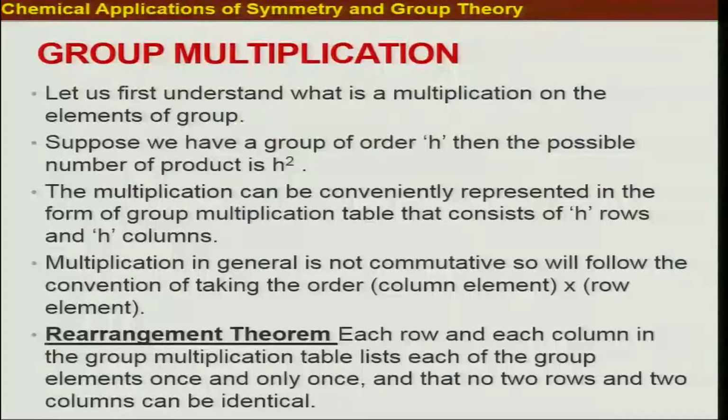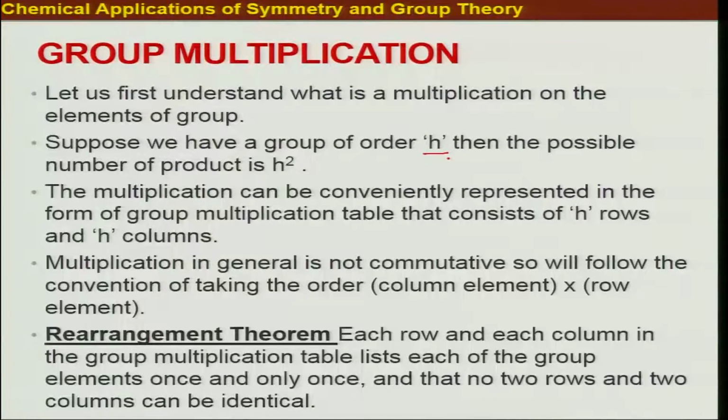So on your screen, if we take a group which has an order h, if you have a point group which has an order h, you know what the order is? Order is the total number of elements in a group. That means in the case of a point group, the total number of symmetry operations in the point group is the order of the group, which is represented by h here.